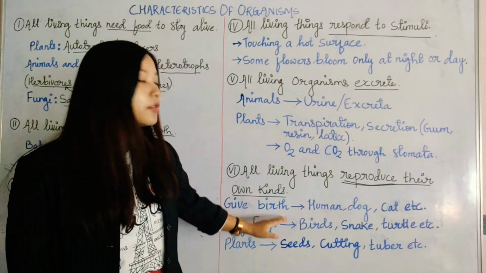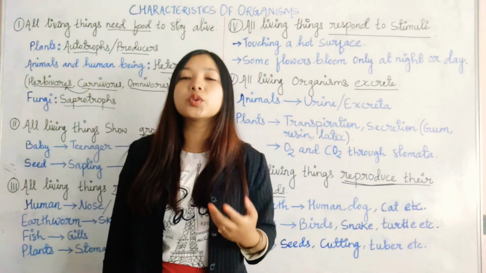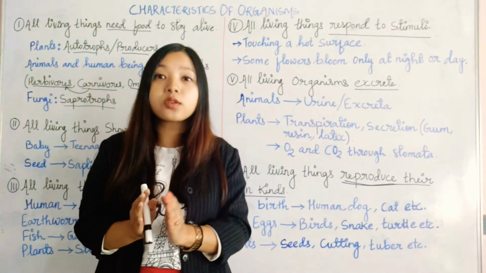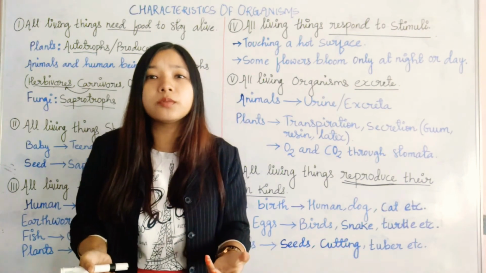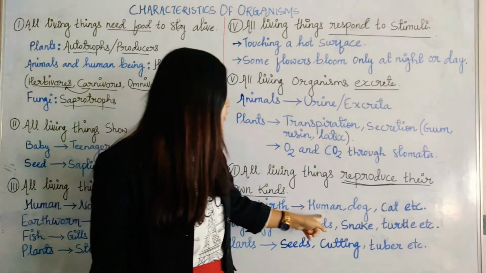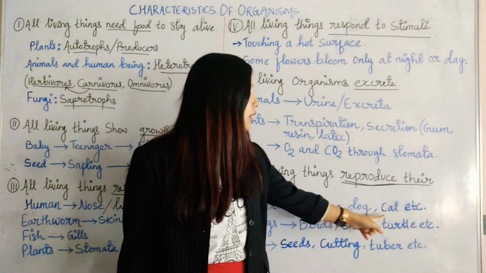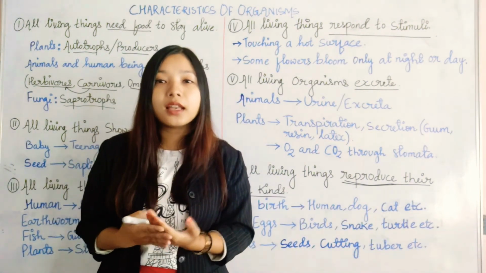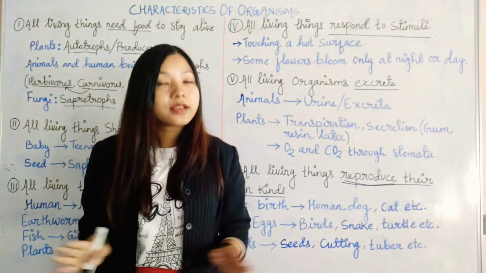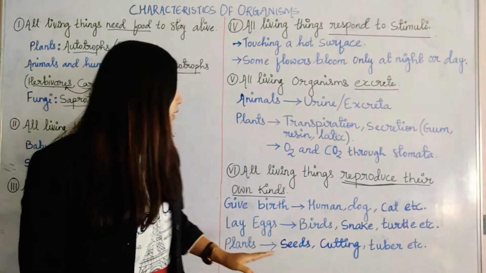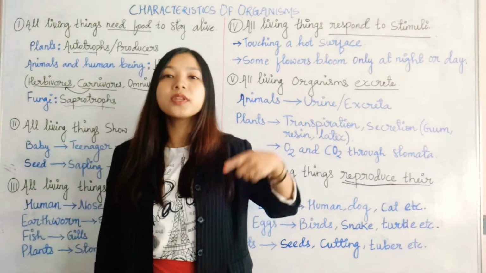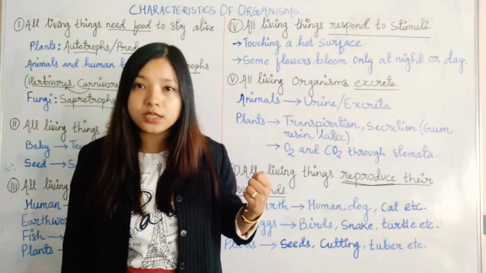Some animals directly give birth to their young ones. Their young ones, also called offsprings, are directly given birth. For example, in the case of human, dog, cat, rat, lion, tiger, elephant, etc. There are many more examples, and there are some animals which lay eggs and from the egg the new baby is born.